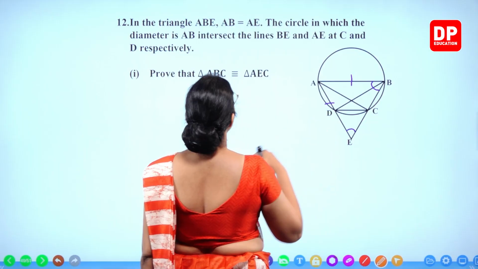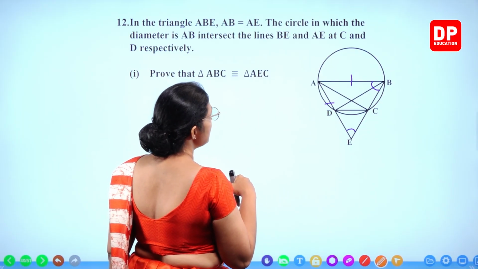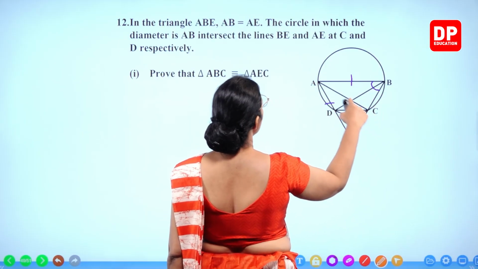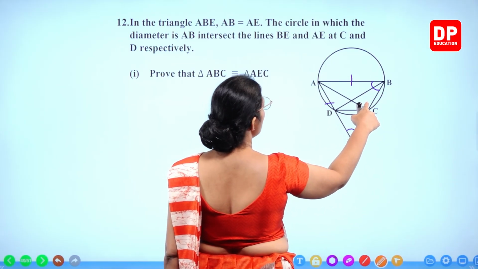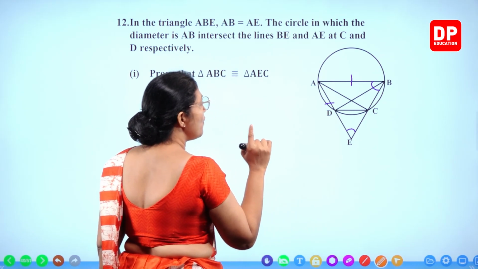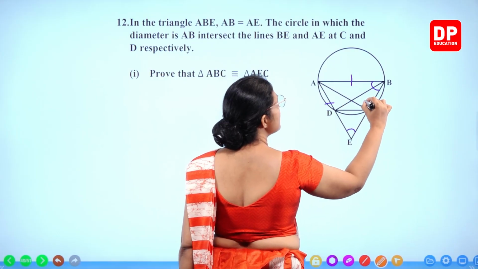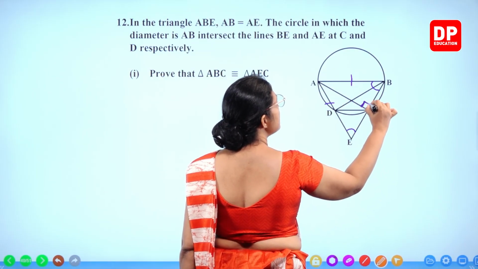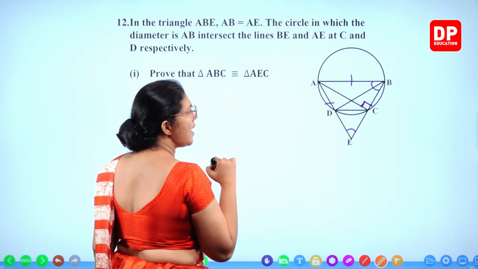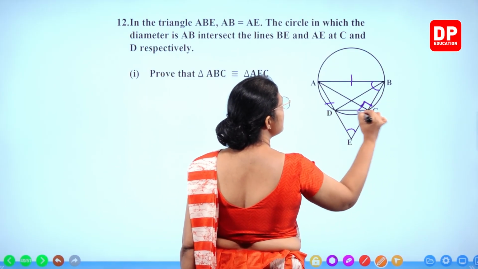So C and D. Prove that the triangle ABC is congruent to AEC triangle. Now we know that if AB is the diameter, the semicircle angles are 90 degrees. This is 90-degree angle and here this is a straight angle. So this is also 90.